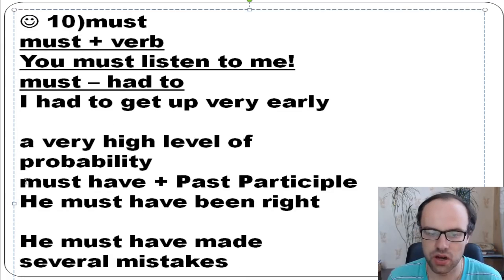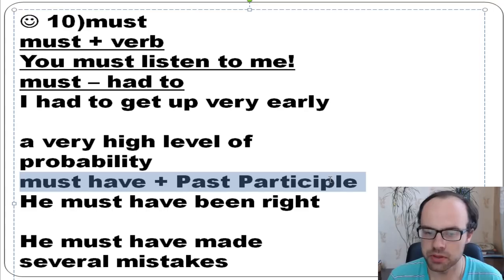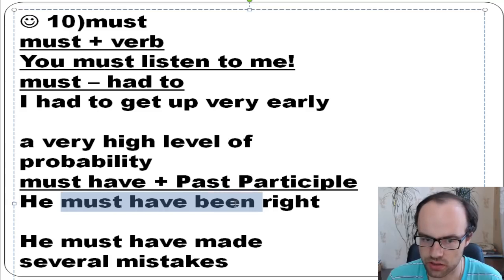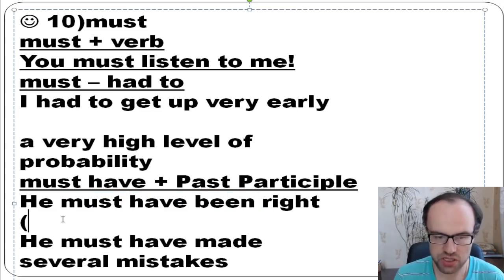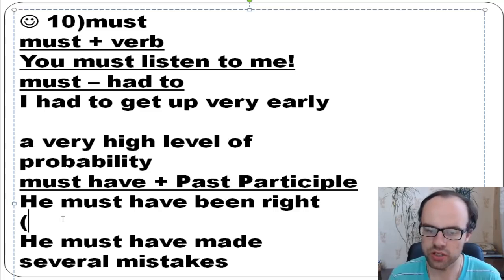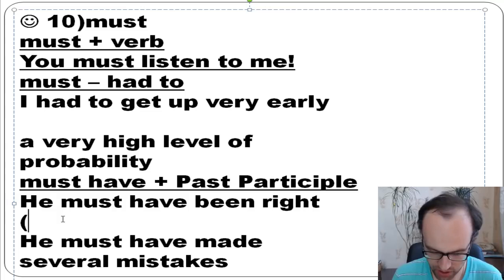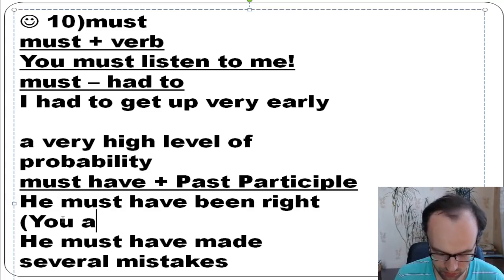So look, it's must have plus past participle. He must have been right. Okay. So it's about the past. It means that you're almost sure, but not absolutely.